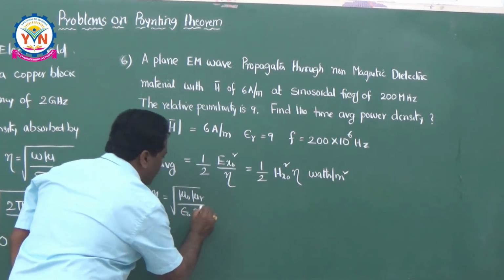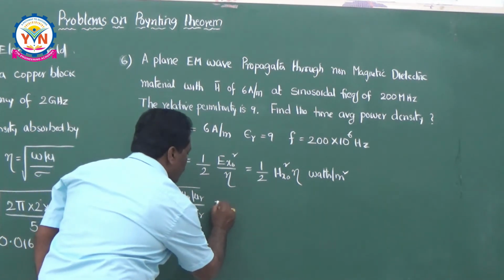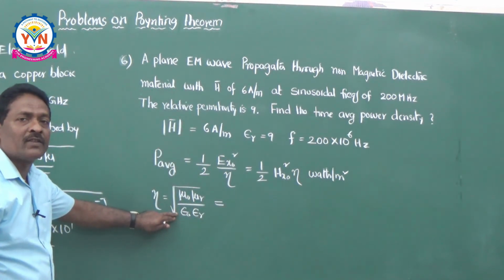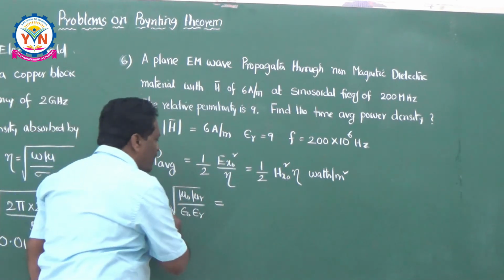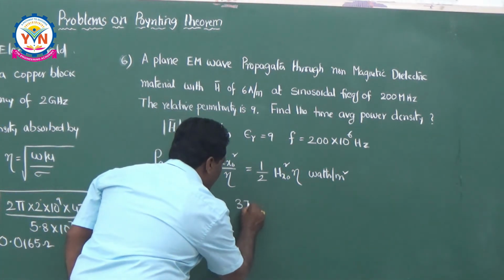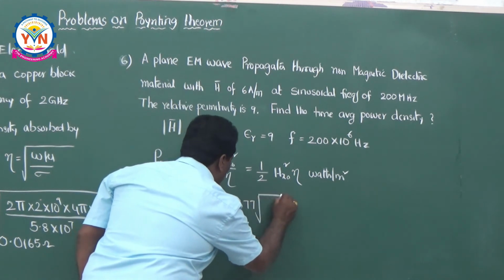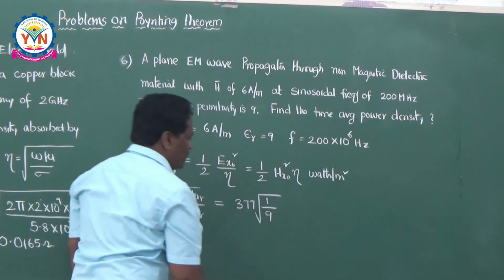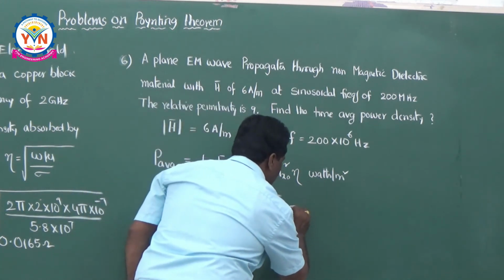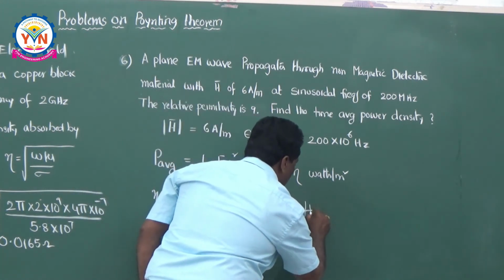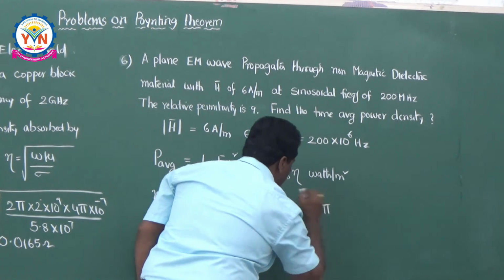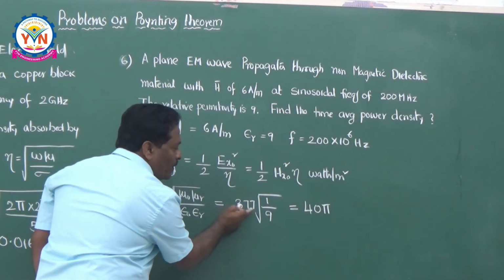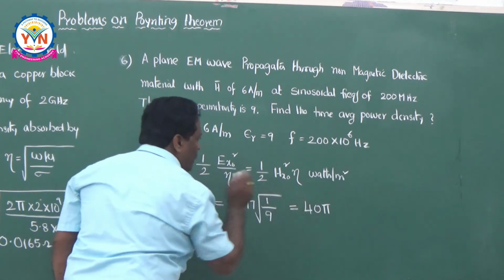It is a dielectric material. So that is equal to root mu naught by epsilon naught is 377 ohms. That means 120 pi. So I can write here this is 377 and square root of mu r is 1, epsilon r is nothing but 9. So that is almost equal to 40 pi, because 377 means 120 pi, 120 pi by 3 is equal to 40 pi.